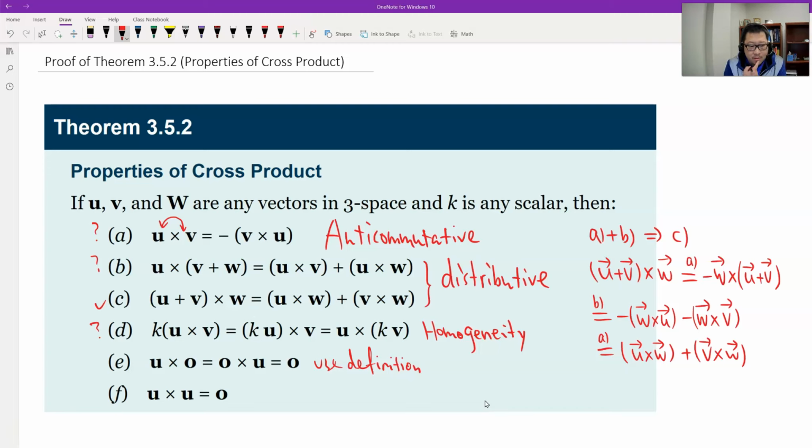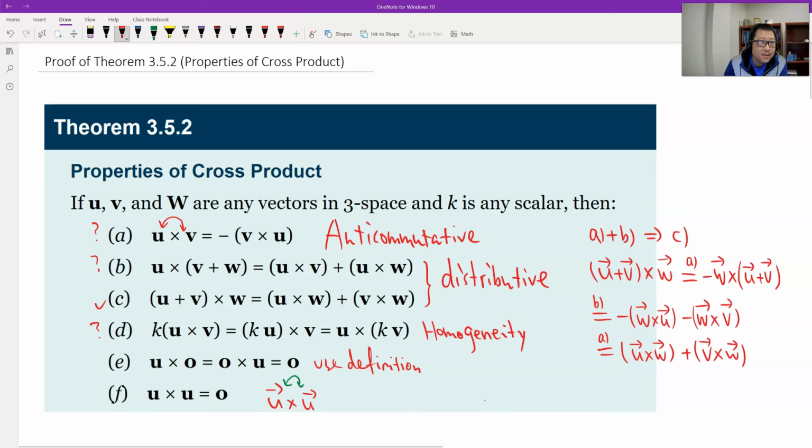F, U cross U. You can use the definition. Or let me give you another proof. I can use A. U cross U, I switch the order.